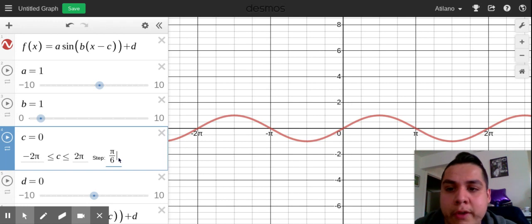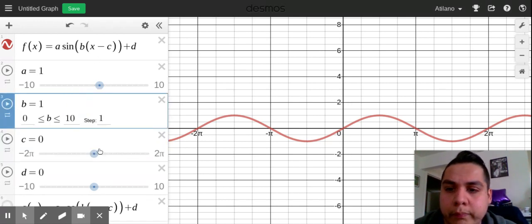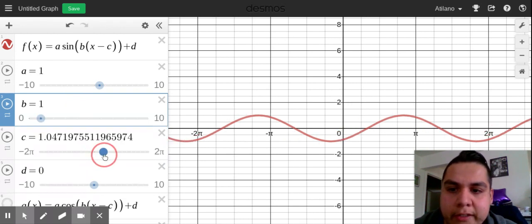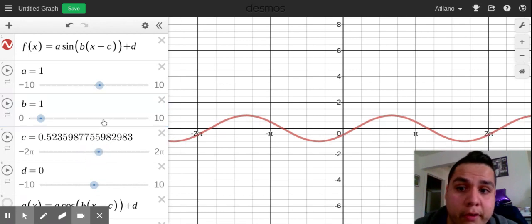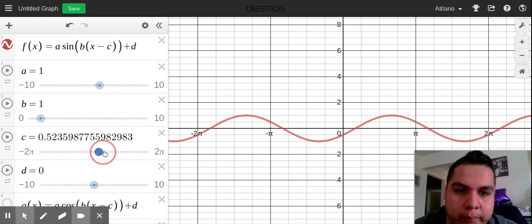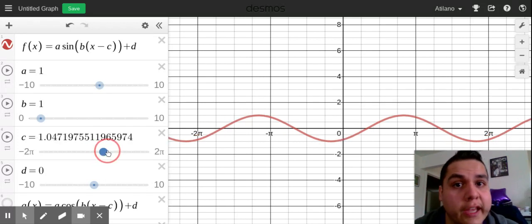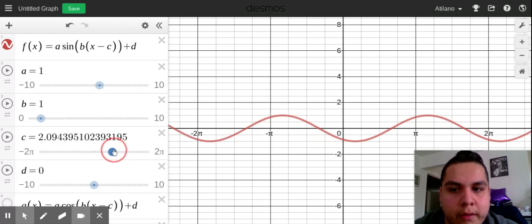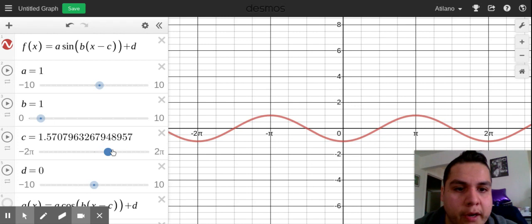And right now, it's x minus C. So when I have a C value of pi over 6, I moved it one space away from 0. Okay. 2 pi over 6, aka moving it pi over 3. This right here is pi over 2.